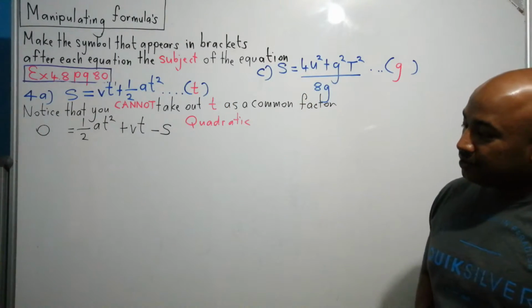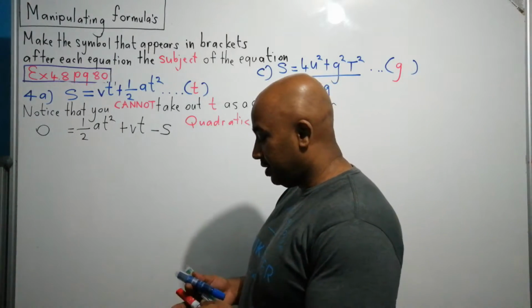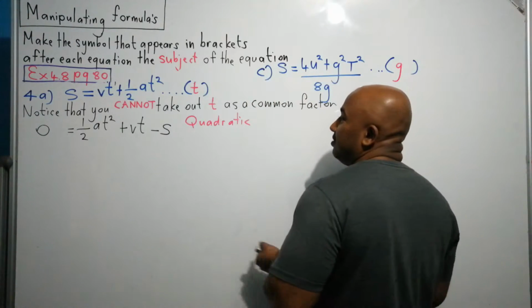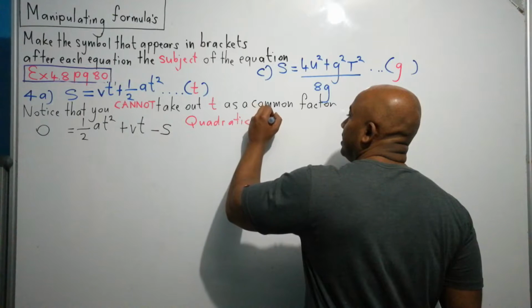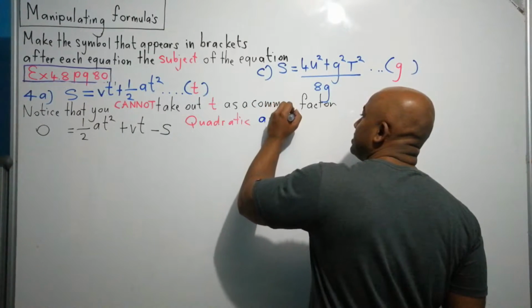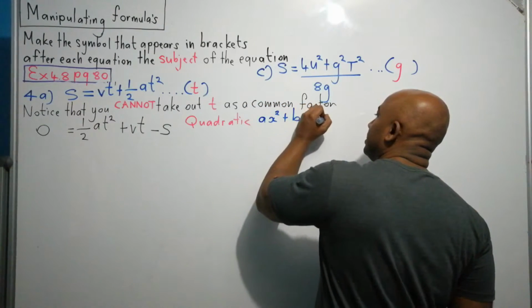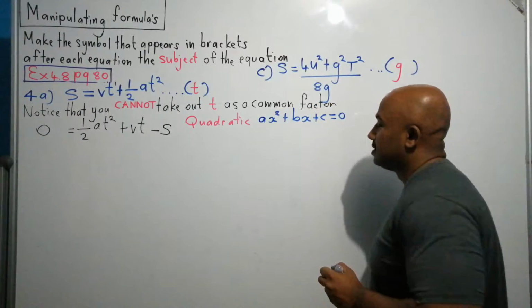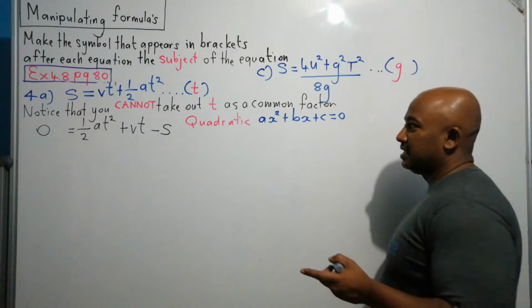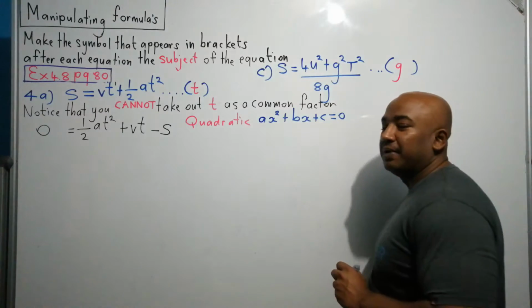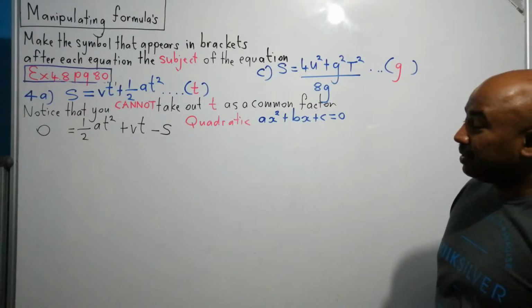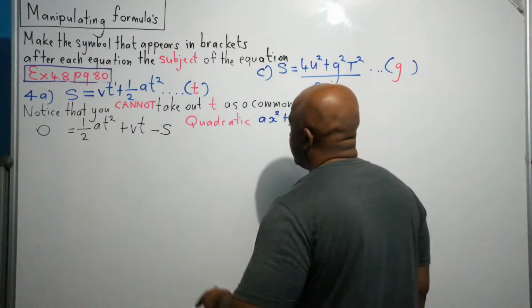Remember your quadratic standard form is ax squared plus bx plus c equals 0. It's just that x is being replaced by t in this equation.